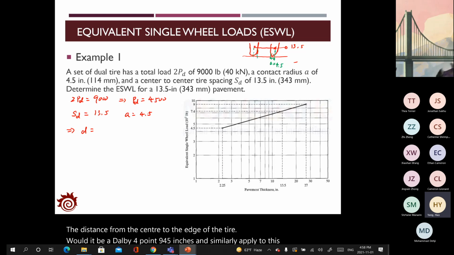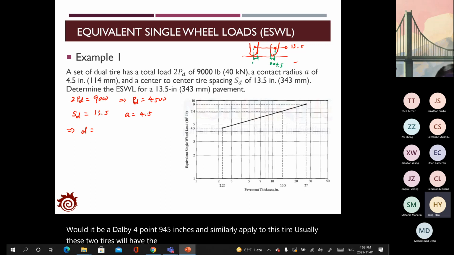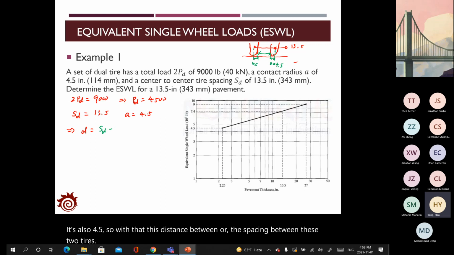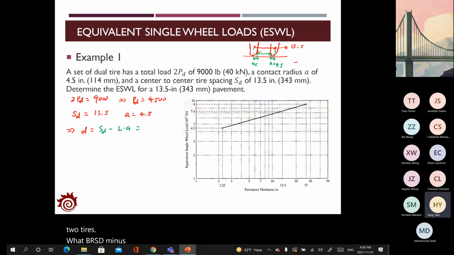Usually these two tires will have the same size. It's also 4.5. So with that, the spacing between these two tires will be SD minus 2 times A. So in that case, we get the result as 4.5 inches. So this is the spacing between the two tires.